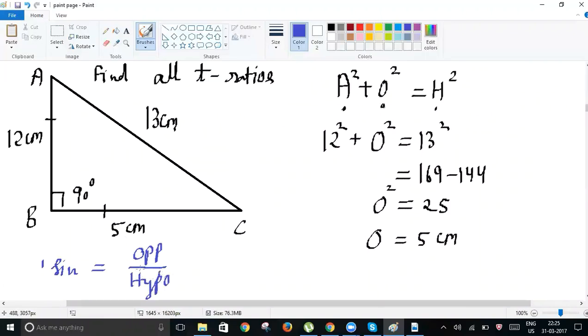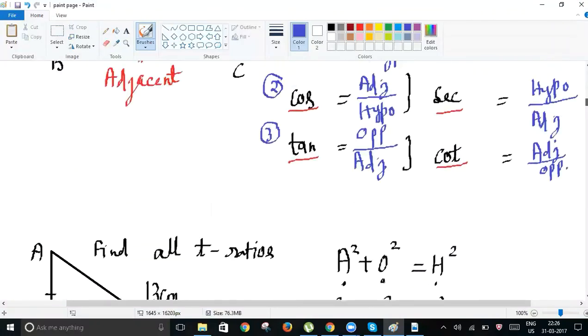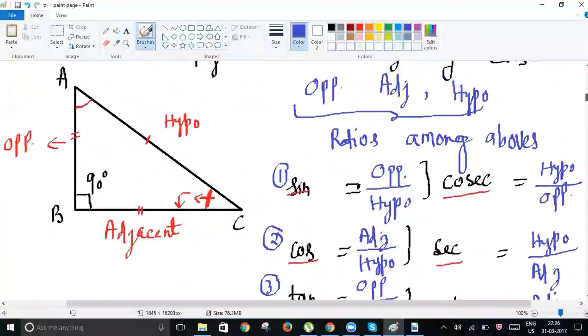Tell me, which side is the opposite side? For what angle? As I have just told you, I have written sine here only. This is merely a definition.